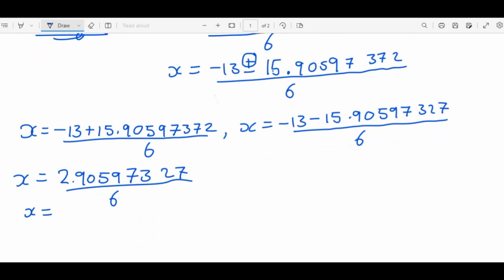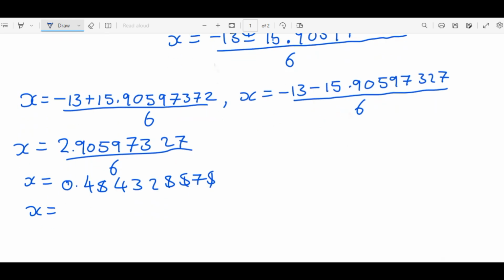Excuse me. I'm getting 0.484328878. Now here we can go back to the question. We are told to correct to 2 decimal places. So this is where you should put that into consideration.